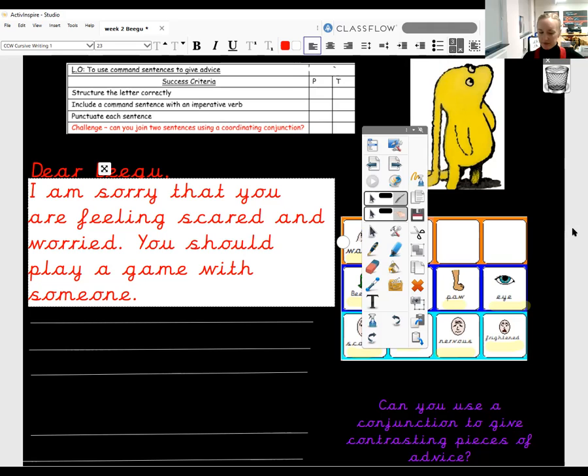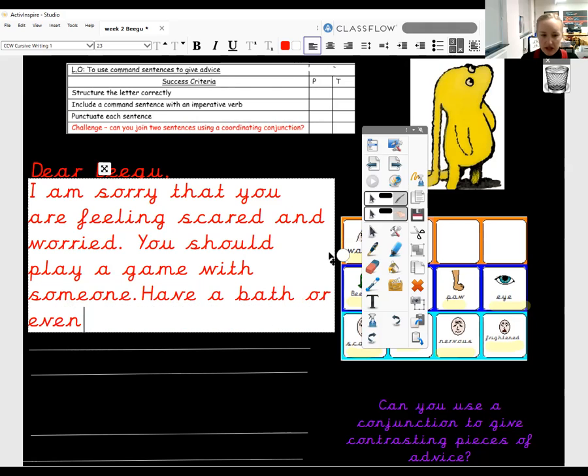What about have a bath? Yes, someone sent me that one in and said have a bath so that you can relax. I like that. Have a bath, because I've got have at the beginning, which is my command, my verb. Or even, so I've got or, so I'm using my conjunction.